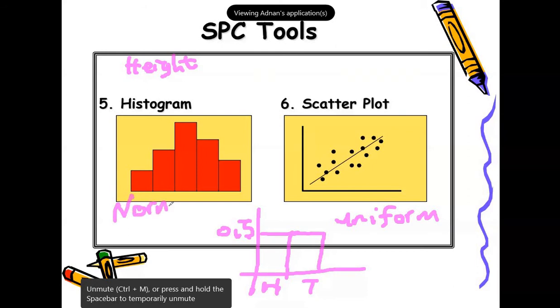We don't have equal chance for different heights. Most people will be in the middle. There will be a few people who are very short, very few very tall, but the majority will follow this normal distribution. So the shape is not uniform, the shape is normal. We call it normal distribution.